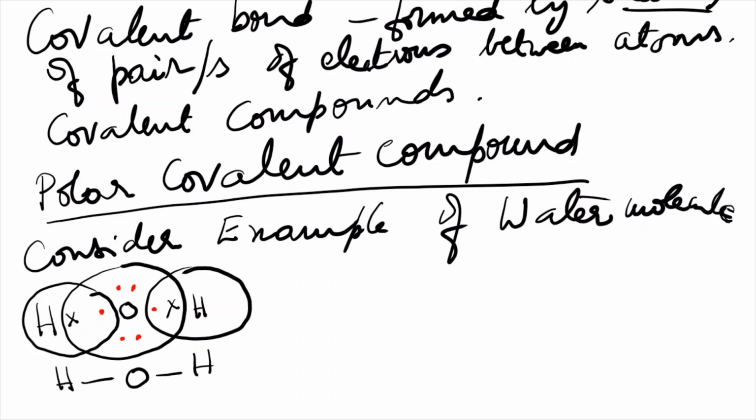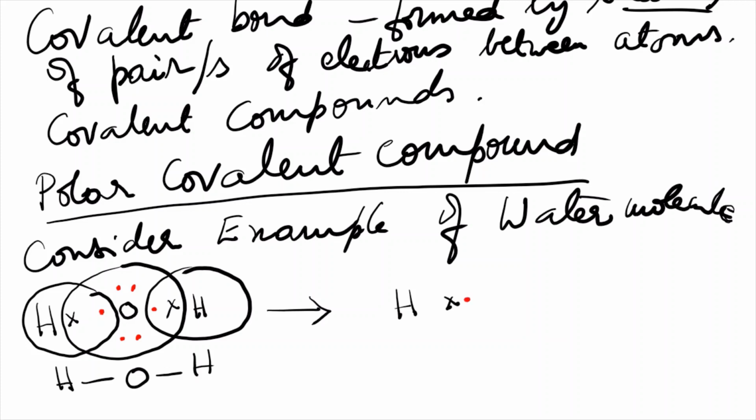So it has more tendency to attract electrons. So the oxygen atom pulls the shared pairs of electrons towards itself, both being pulled towards the oxygen atom like this.